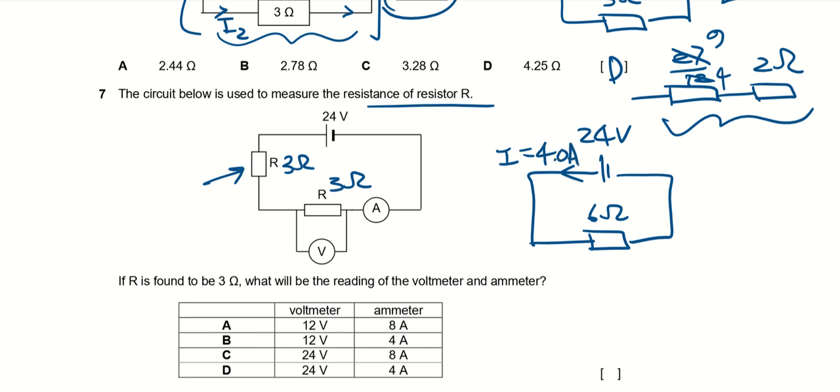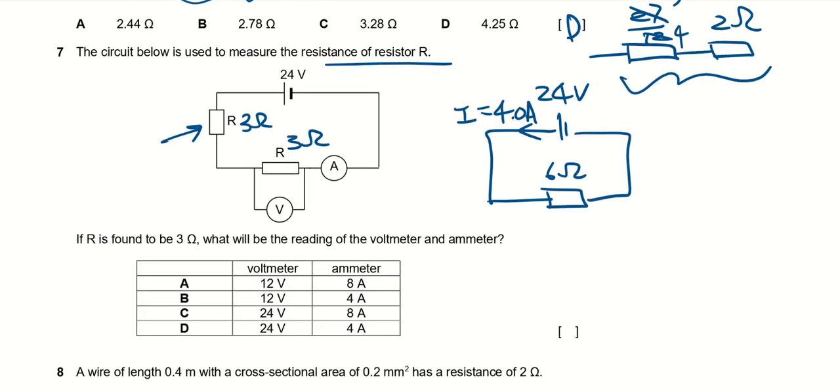Because this is a series connection, just by considering the resistors, in a series circuit, the current is the same. So I'm going to say the current flowing through the ammeter is 4 ampere. Okay, so we put in this 4 ampere.